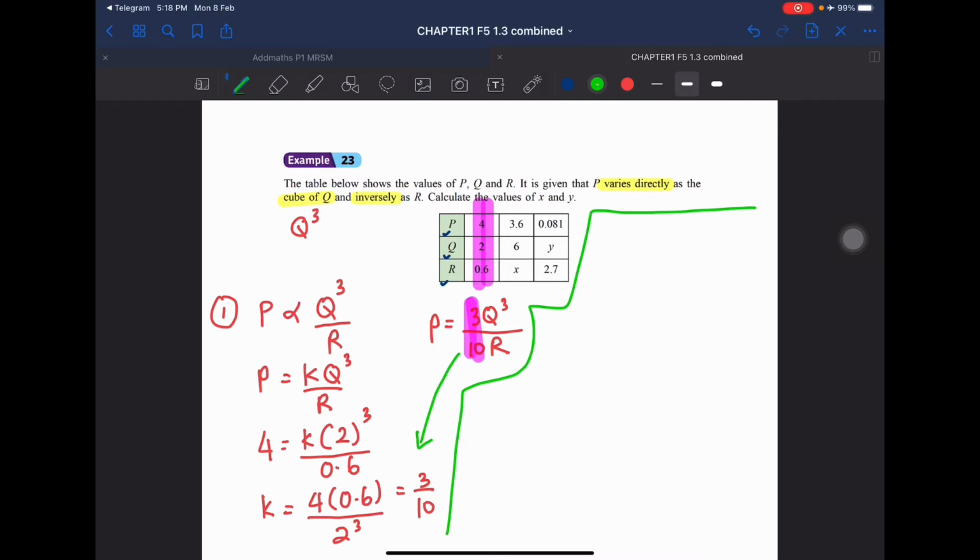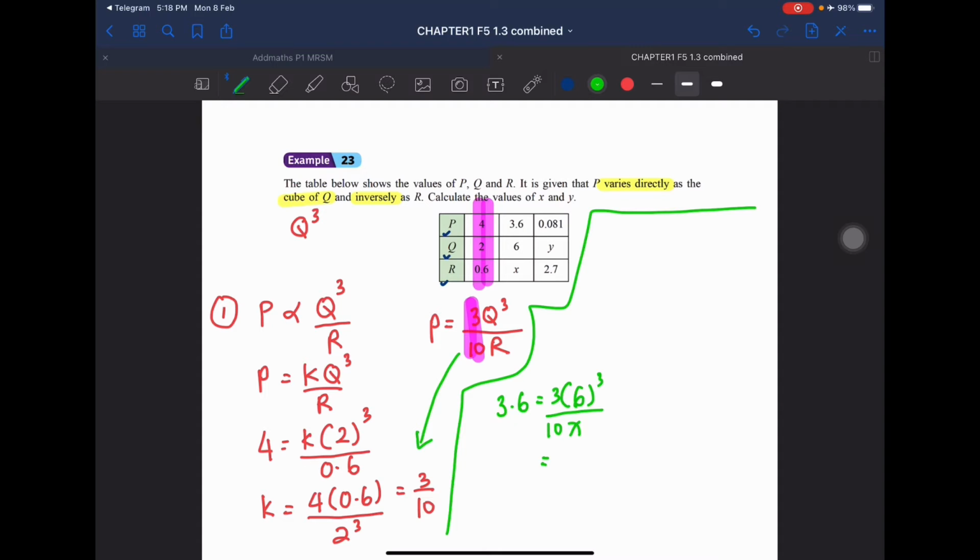So I do the second column. You have p is 3.6 is equals to 3q, q is 6 cube over r, r is x.